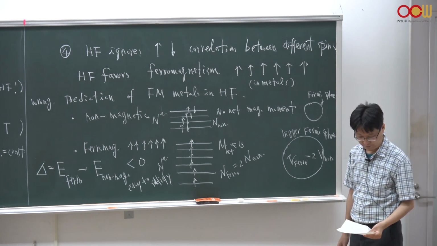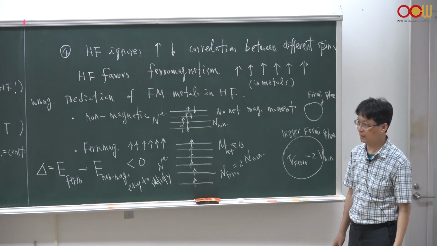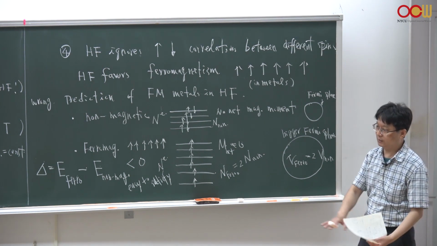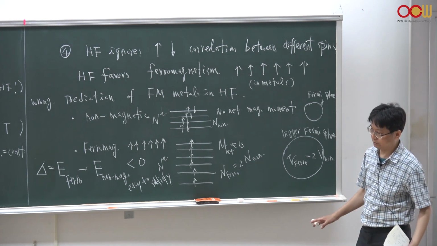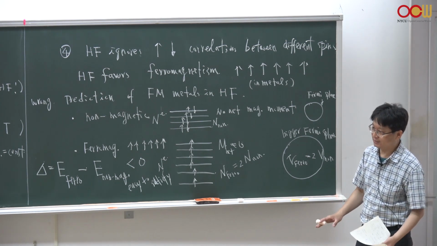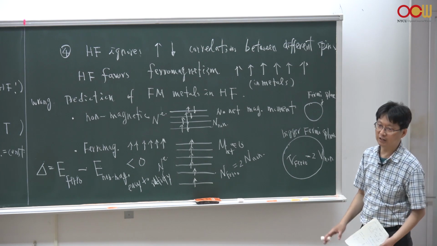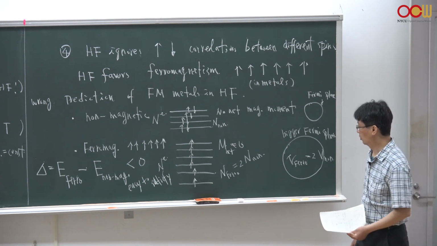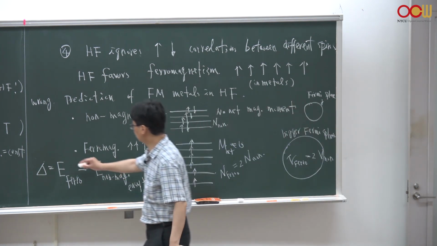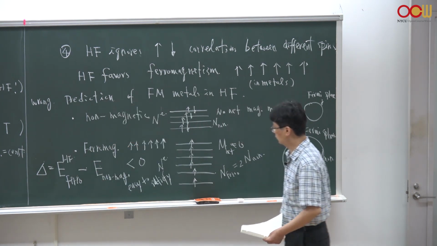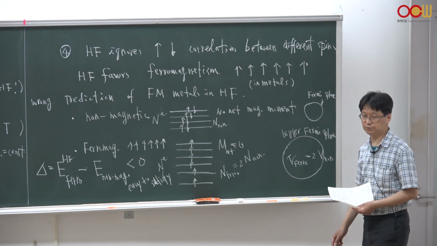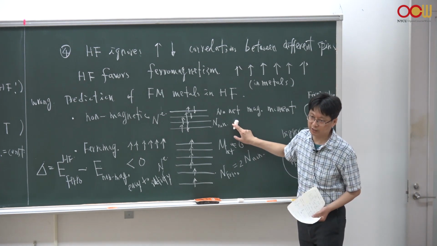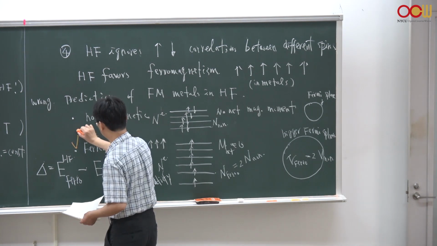So this principle of thermodynamics or statistical mechanics tells us that if there are many possible ground states, only the states that have the lower energy are more stable. So which means that within the Hartree-Fock, the ferromagnetic state is actually lower in energy, and therefore it is more stable compared to the non-magnetic case. So this is favored by Hartree-Fock.